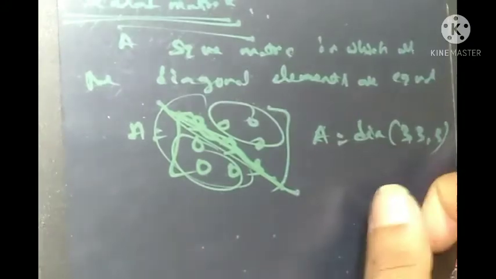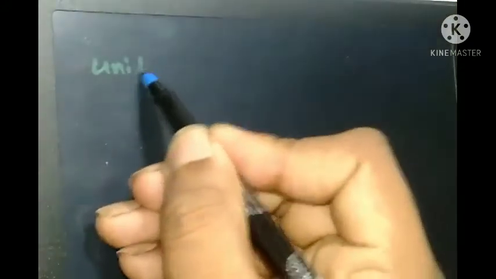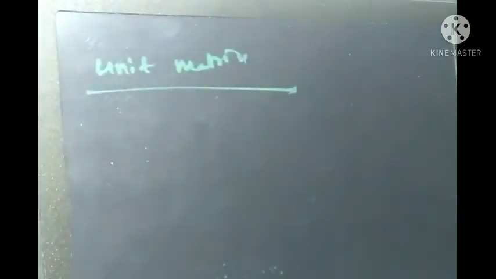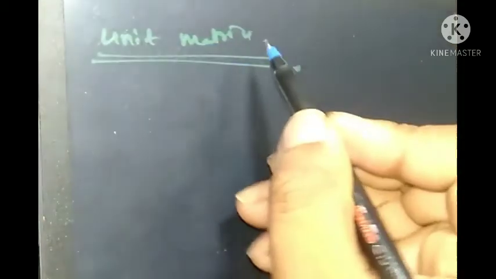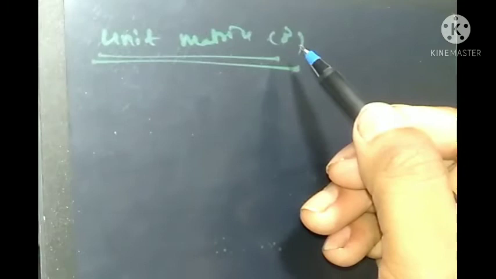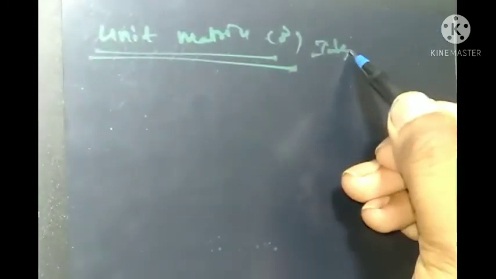And the third type is unit matrix. What is a unit matrix? A diagonal matrix in which all the diagonal elements are unity is known as a unit matrix, unitary matrix or identity matrix.